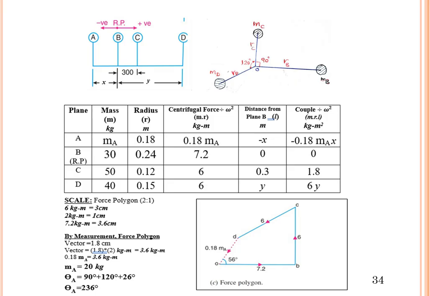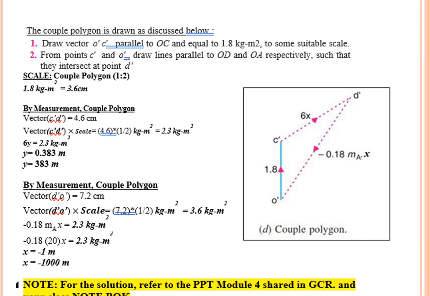So here mass MA is found out. Going further with the couple polygon, there are two unknowns. By taking a suitable scale, 1.8 is taken and the remaining two values are unknown. So you can construct with the help of the triangulation method. At last you will get C dash D dash, O dash D dash.